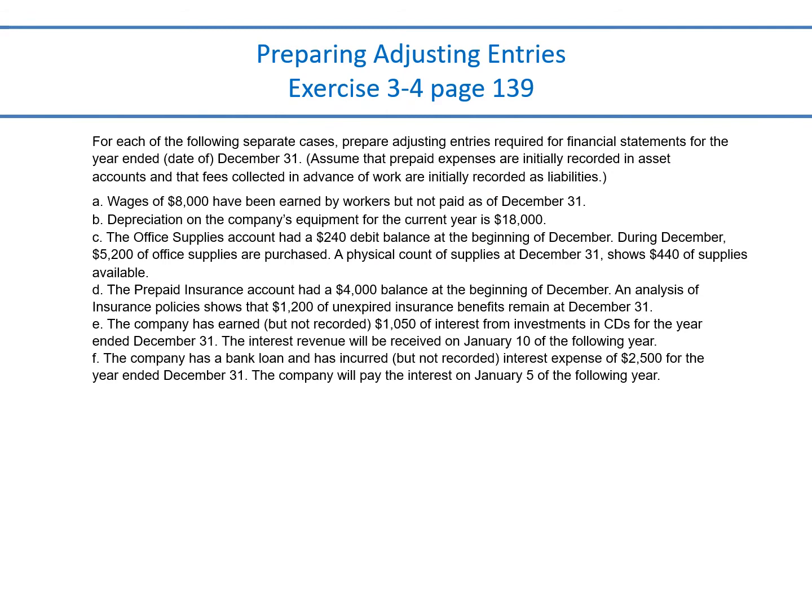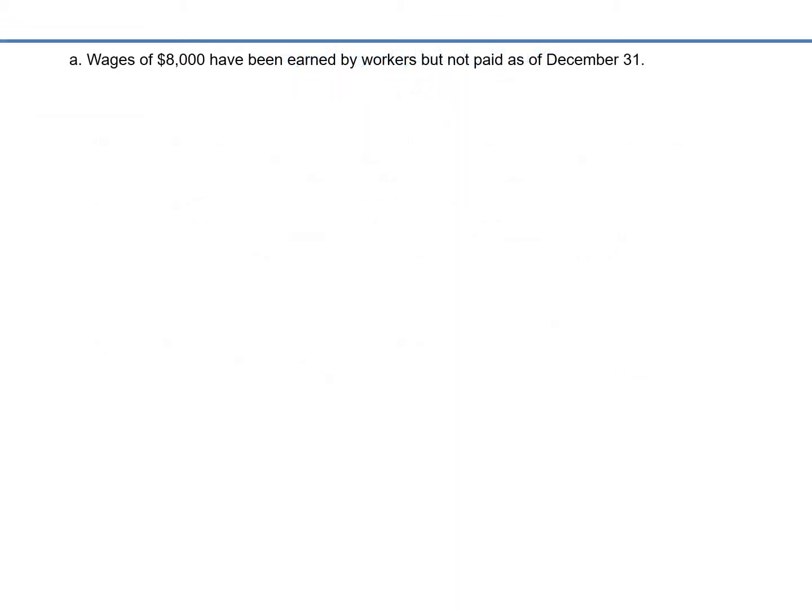Okay, so preparing adjusting entries. So for each of the following cases, they're asking us to prepare the adjusting entries. So we're to assume that prepaid expenses are initially recorded in asset accounts and that fees collected in advance of the work are initially recorded as liabilities. So in A, wages of $8,000 have been earned but not paid.